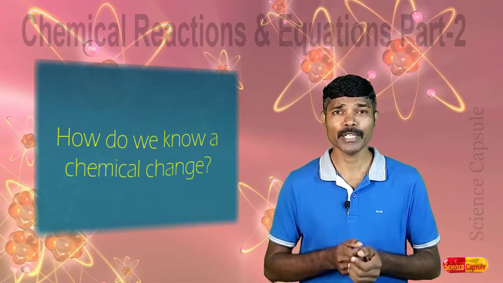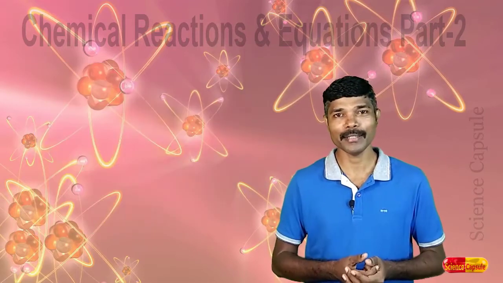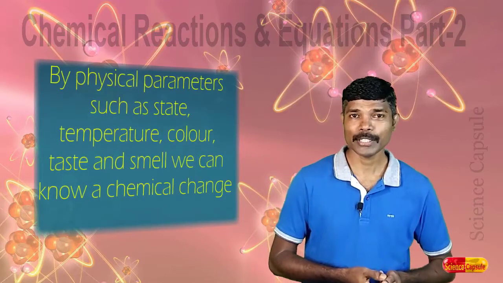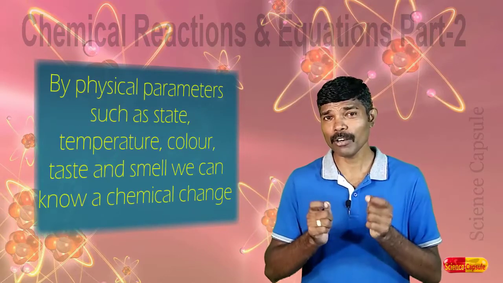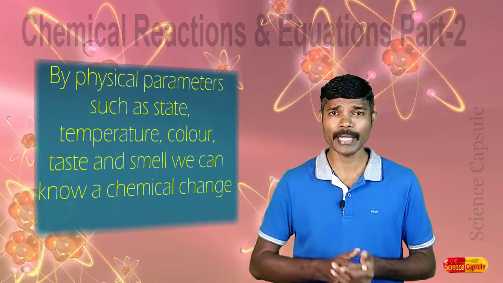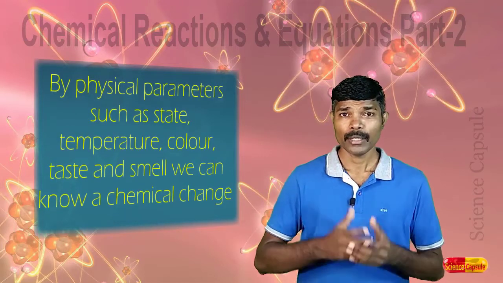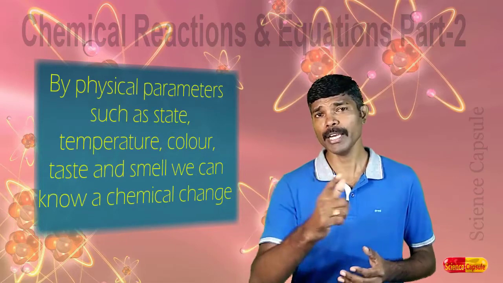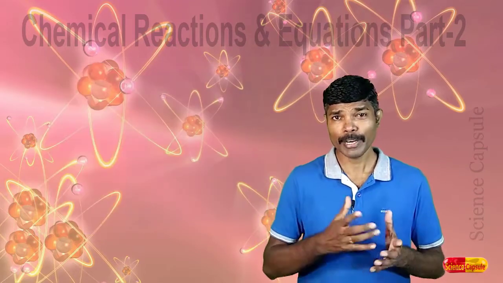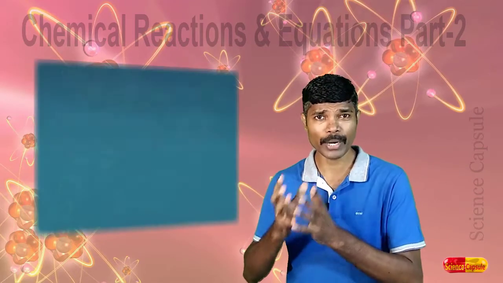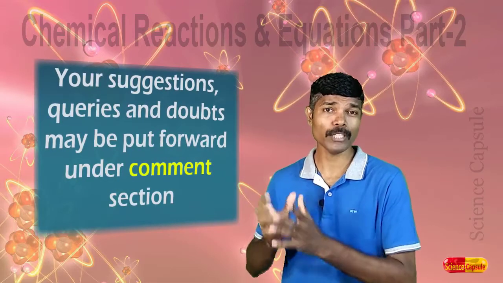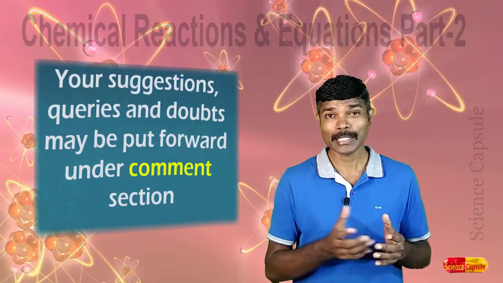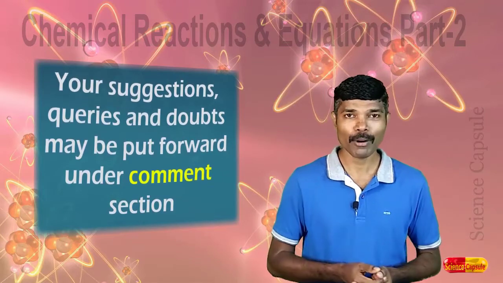Based on the parameters, we can easily identify whether the change that occurs is a chemical or a physical change. So whenever we think of a chemical change, always keep in mind that as a result there will always be a new substance formed. The product must be new, and the properties of the new substance so formed will also be different from the substance from which it has been formed.